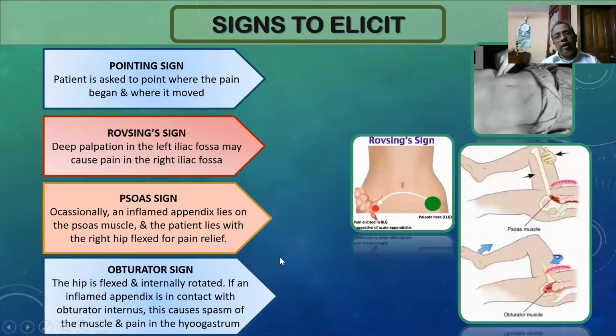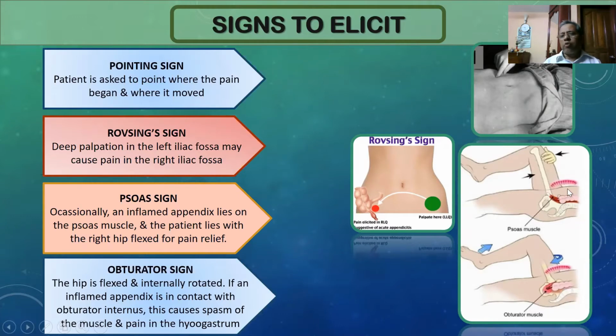You memorize the first slide, say, of position of the appendix. If it is retrocecal in position, the cecum lies in front of the psoas major muscle. So the retrocecal position of the appendix is located just behind the cecum, that means in front of the psoas major muscle.